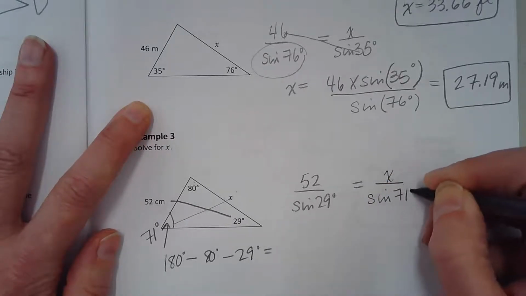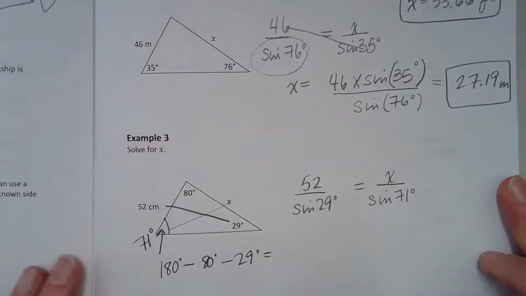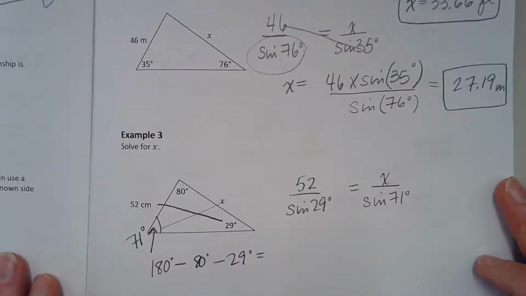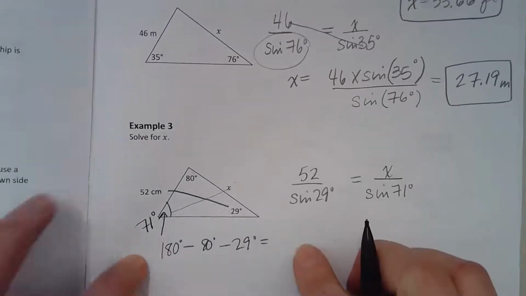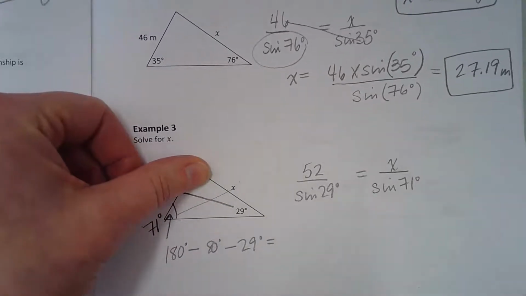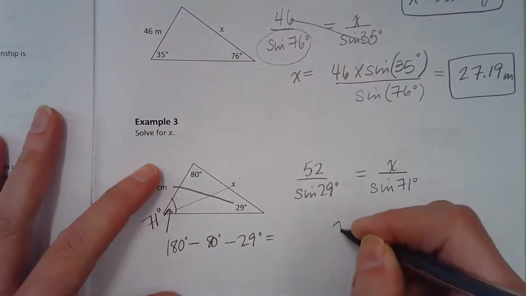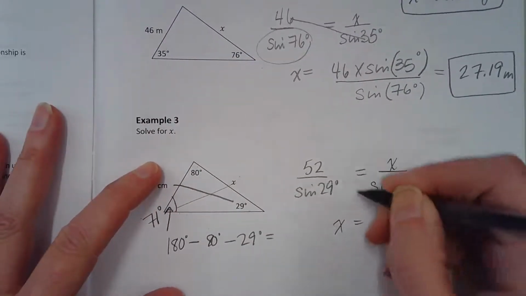If you're given X to find, you always have to find its partner angle. Why did they even put an 80 there then? Just so you can find that angle. If they didn't give you the 80, you wouldn't be able to find it. Okay, so I want to solve for X. Remember the process?